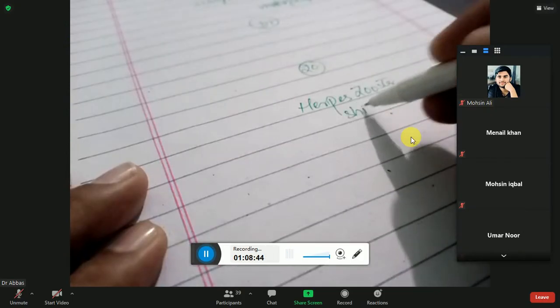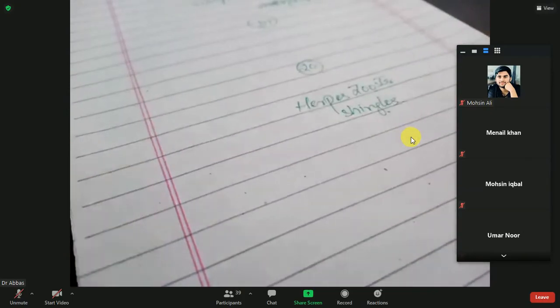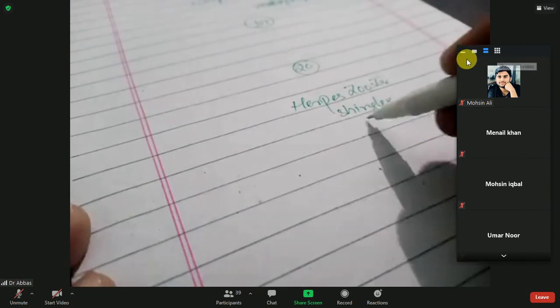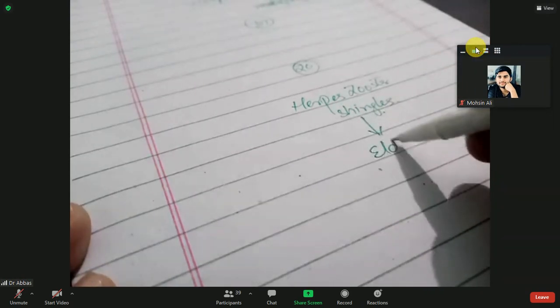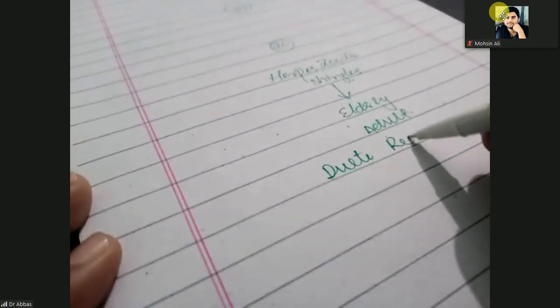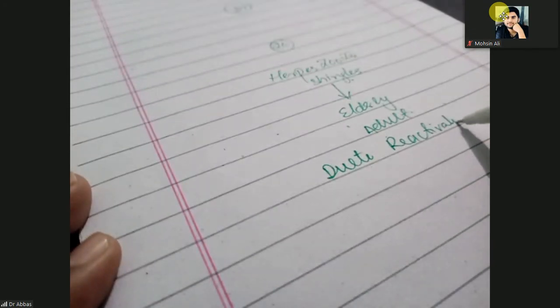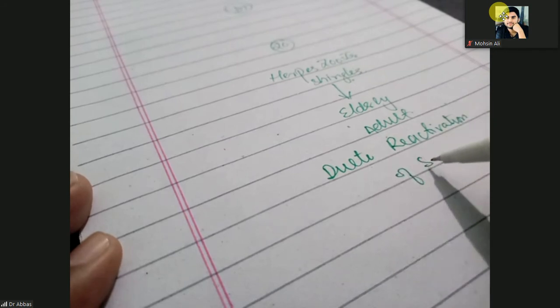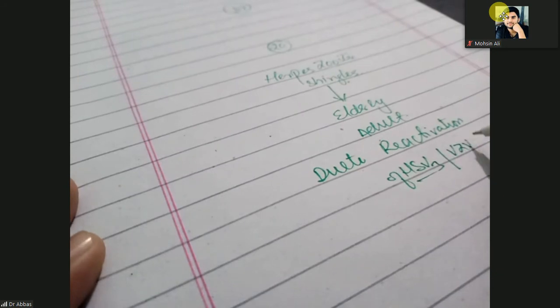Let's move on to herpes zoster, shingles. So shingles is a viral infection that occurs most commonly in the elderly or adults, and this shingles is due to the reactivation of herpes simplex virus 3, or VZV.